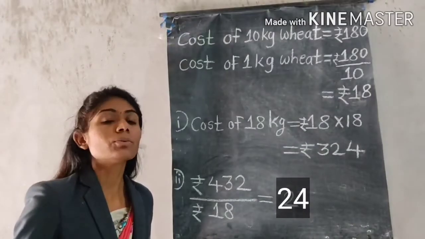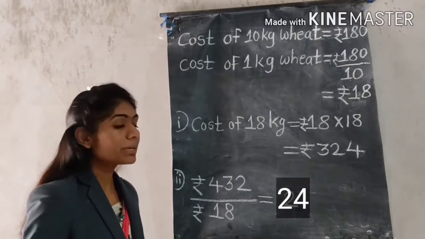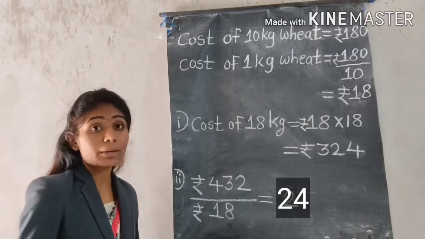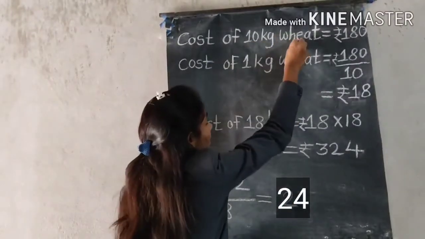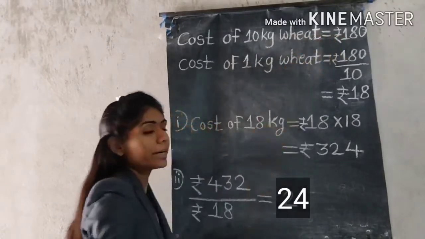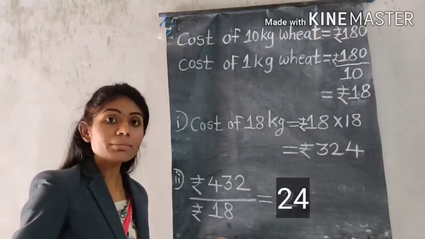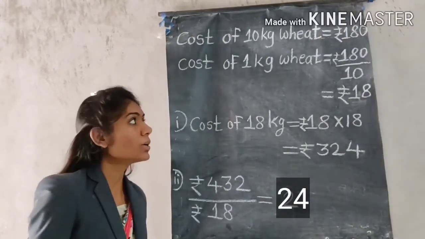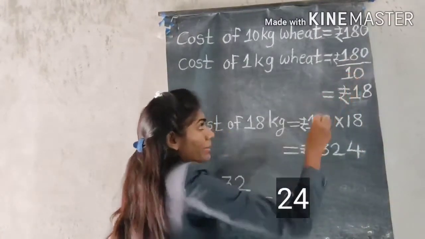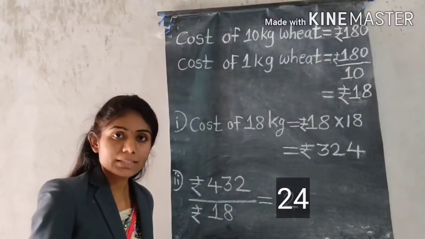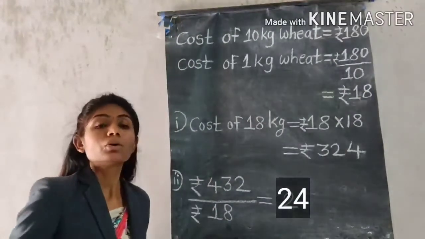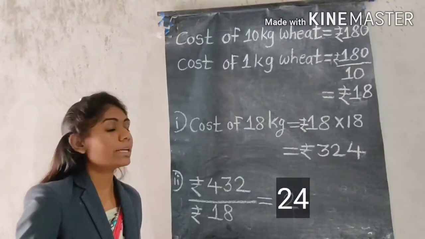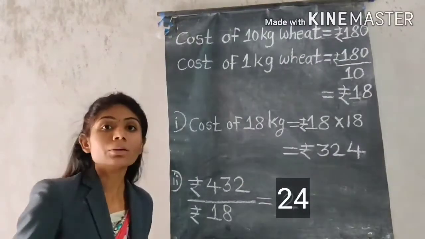Let's find one by one. As per the given, we have the value of 10 kg wheat, which is equal to 180. From that we will first find the cost of 1 kg wheat. So 180 divided by 10 is equal to 18. So 1 kg wheat is equal to 18 rupees.